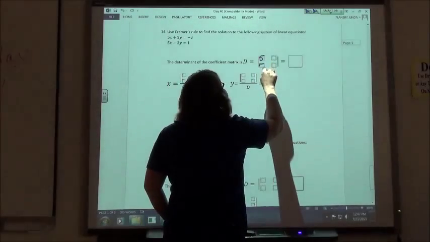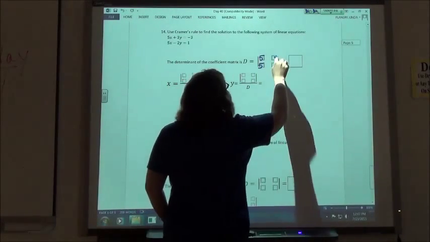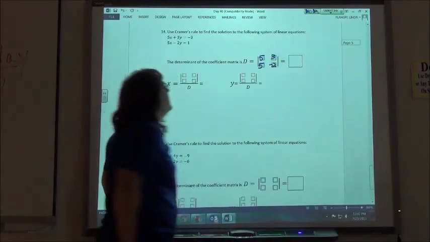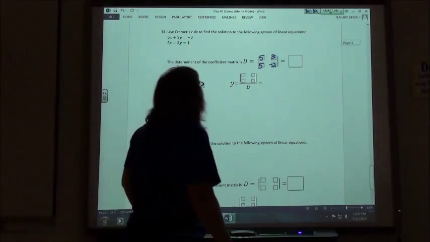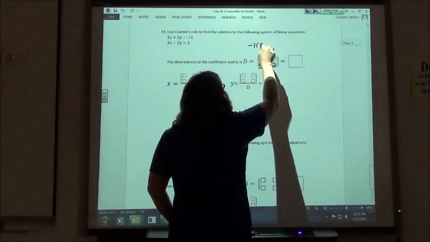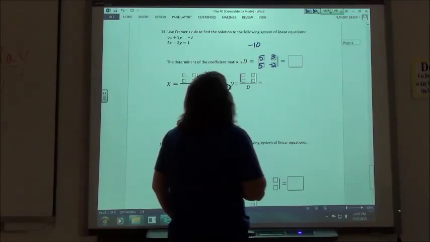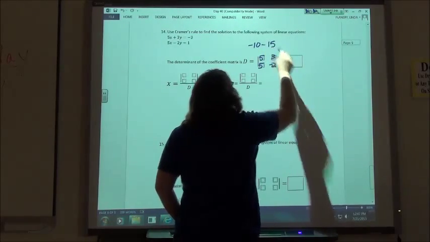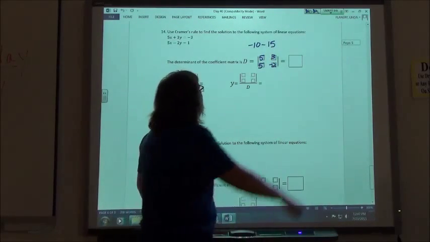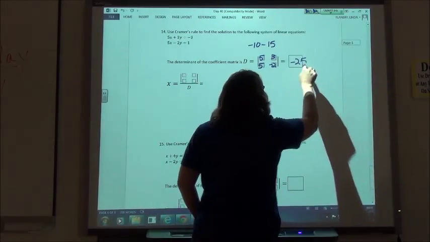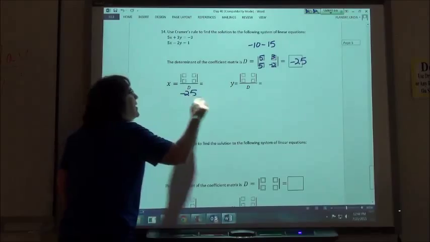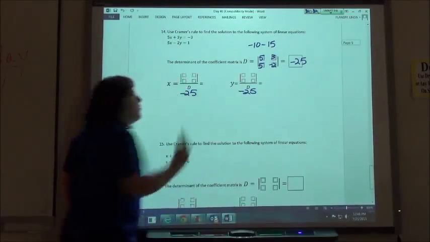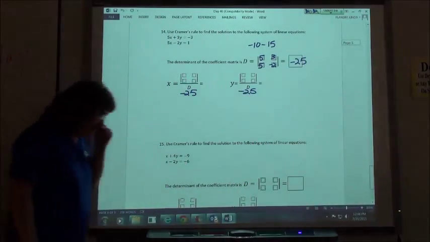And my second column is going to be 3 and negative 2. So we need to find the value of that determinant. We would do 5 times negative 2, so negative 10, minus 5 times 3, minus 15. So I get negative 25. I'm just going to go ahead and put my negative 25 down there so I don't forget to put it on my answer, hopefully.